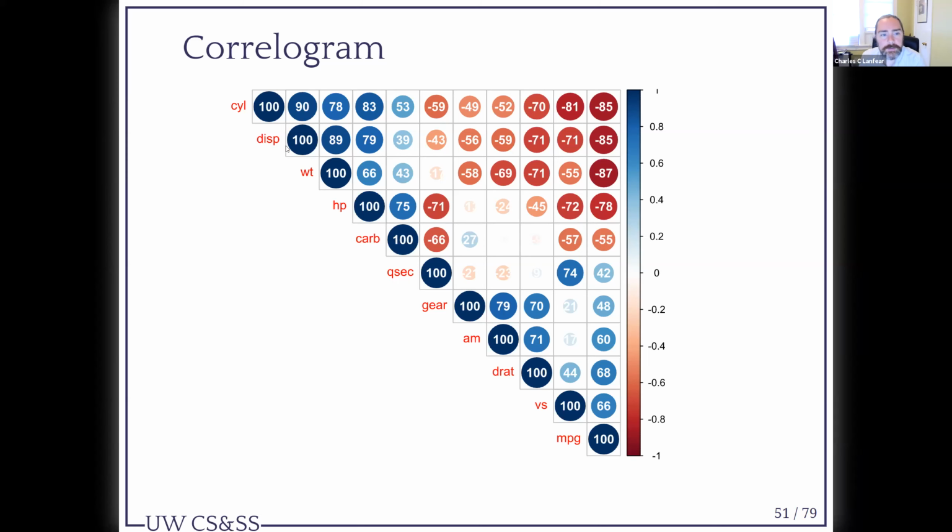The way this works here, for instance, is this cell right here is the correlation between the weight variable and the am variable. So negative 0.58 would be its correlation. The circles get redder, bigger, and darker when the correlation is negative and stronger. They get bigger, bluer, and the number gets more positive when the correlation is more positive. It has a scale over here.